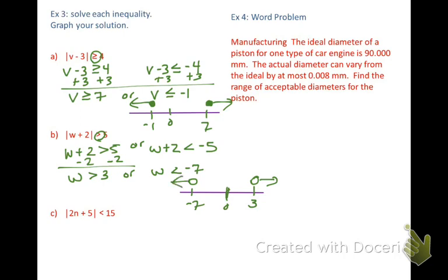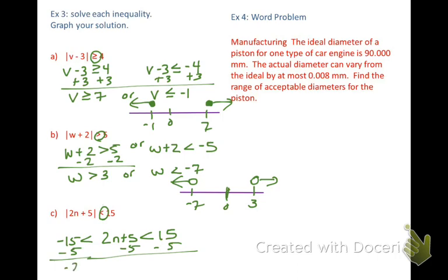All right. This one's a less than sign, so this is going to be an and. So this one you can do a little differently. Because this is a less than sign, you're going to have less than and less than, and you're going to put in between the absolute value, 15 and negative 15. And then you can do all your work. Subtract 5 from each of these.